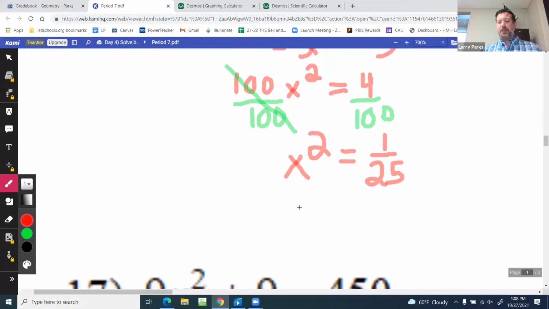I take the square root of both sides, and I get x equals positive and negative, and you take the square root of the numerator and the square root of the denominator, so square root of 1 over square root of 25.